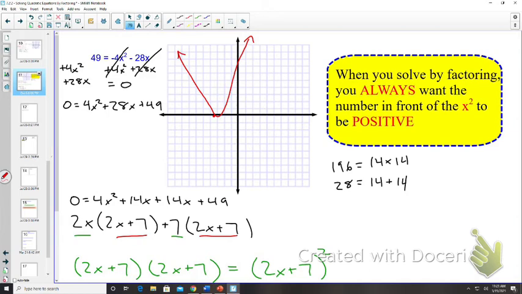And what is one other thing that I know? What other ordered pair could I plot on this graph? What's my C value? 49. What does that tell me?